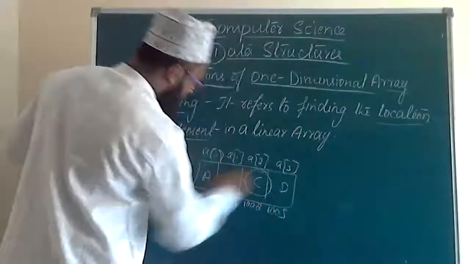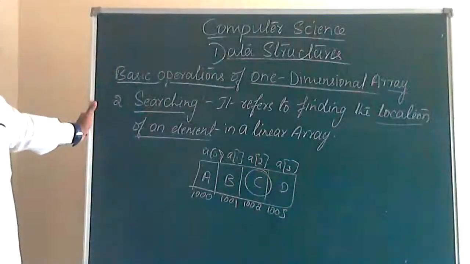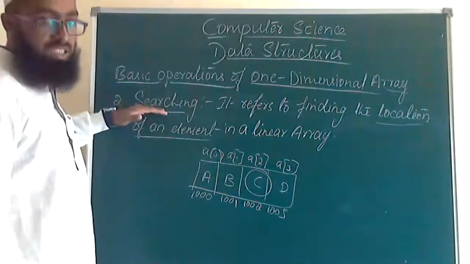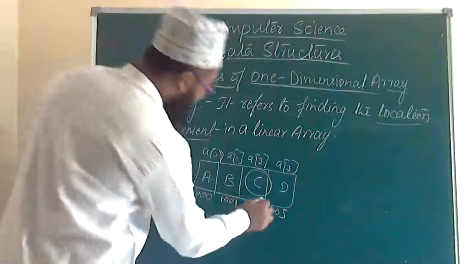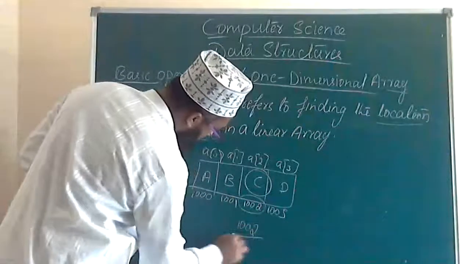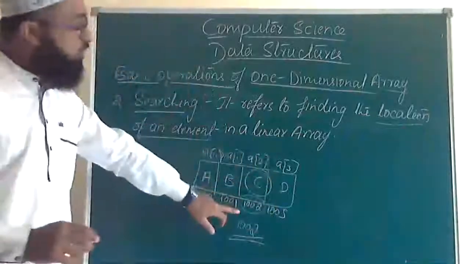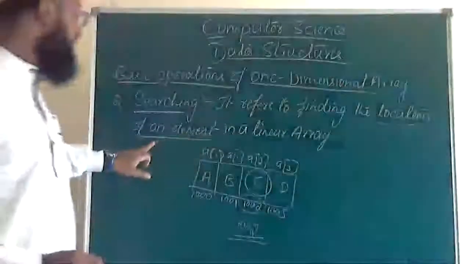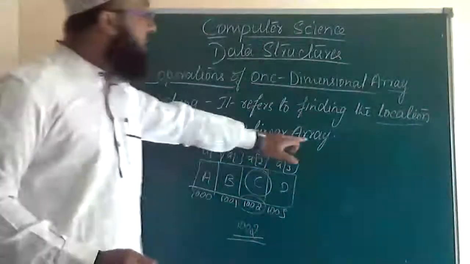If you want to find where C is located, then we will do the operation searching. Location of C means it is situated at address 1002. So here it refers to finding the location of an element in a linear array.